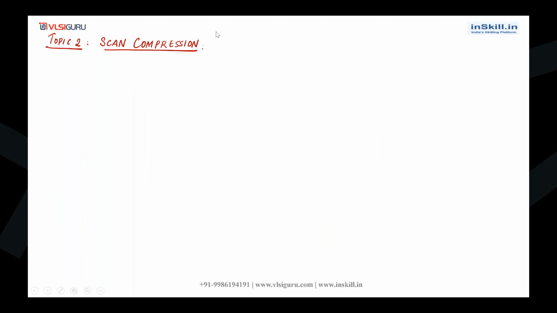In topic 2, scan compression is also called EDT insertion.